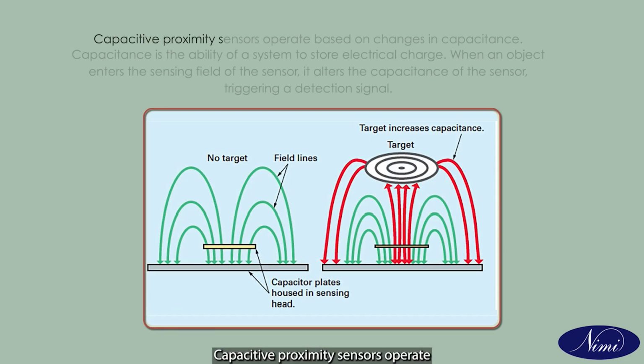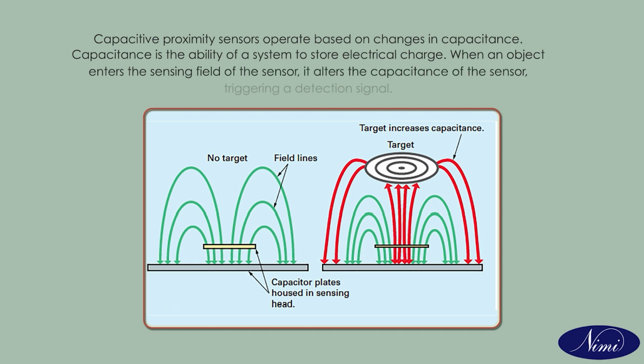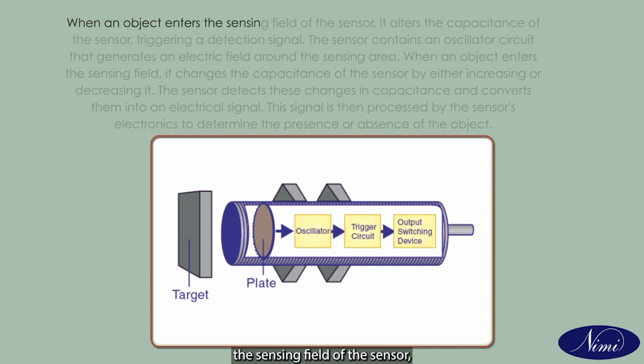Capacitive proximity sensors operate based on changes in capacitance. Capacitance is the ability of a system to store electrical charge. When an object enters the sensing field of the sensor, it alters the capacitance of the sensor, triggering a detection signal.